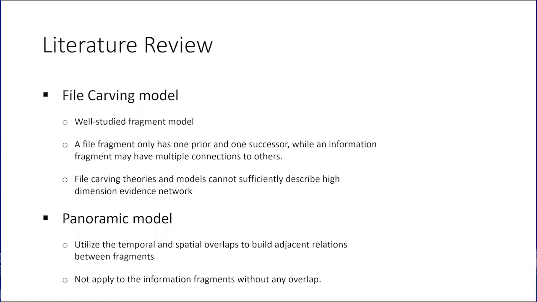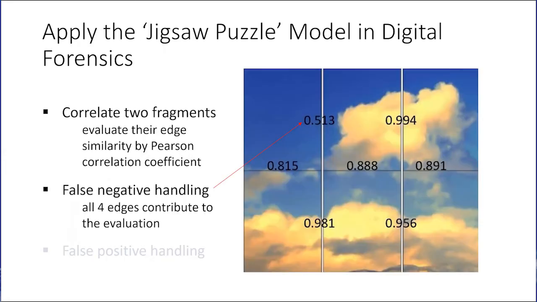So both models cannot fit in the digital forensics when we try to correlate two information fragments. That's the reason we would like to use the jigsaw puzzle model in digital forensics.